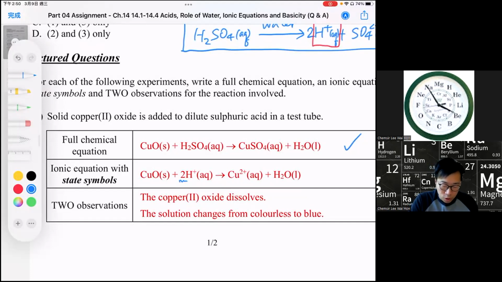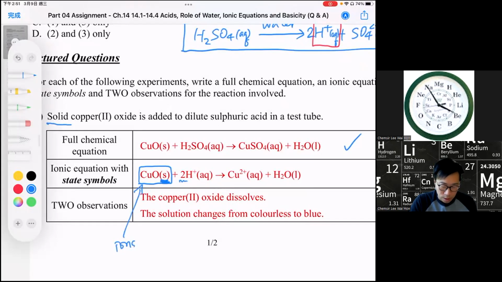Also, make sure you write the formula of CuO. Don't break it down into ions like Cu2+ or O2-. It is because right here, the copper(II) oxide is a solid reactant.